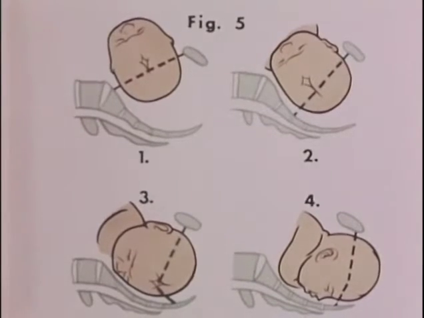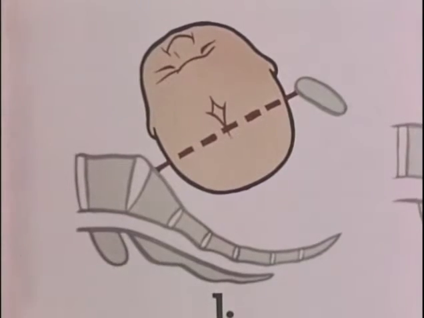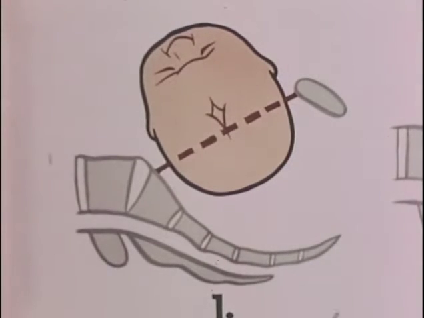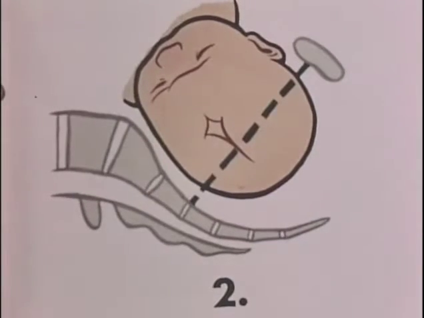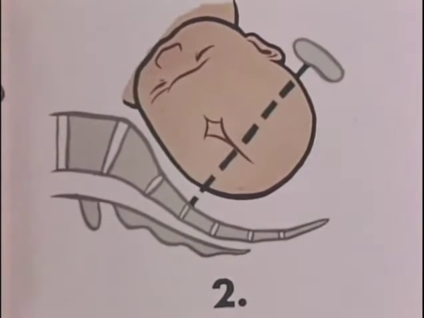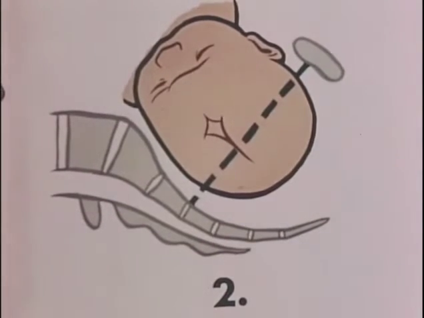The 4 stations of the head: high station, the biparietal diameter of the head and the plane of the inlet are represented by the red line. Such a station would correspond to a high forceps. The mid station, the blue line represents the plane of greatest pelvic dimension, or the mid-plane, and this would be a mid-forceps.